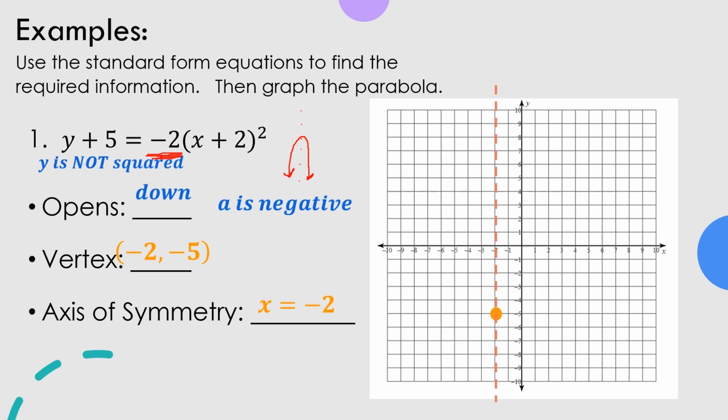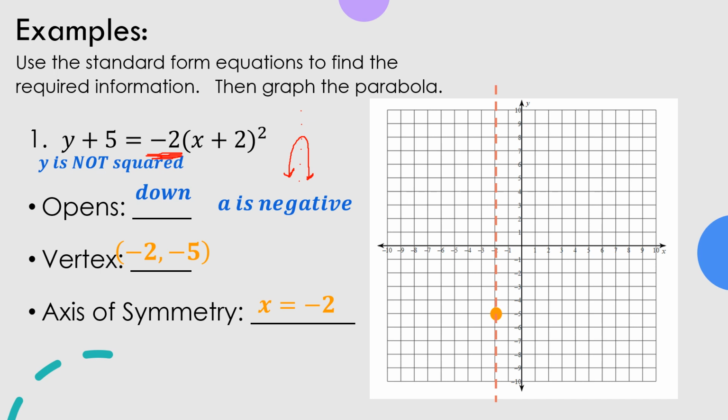Now, you can always use the table of your calculator, or you can substitute in particular x values and solve for the y. You're welcome to do that. The other thing that you can do is use this leading coefficient, that a value, and for the very first set of points after the vertex, you can treat it like slope.